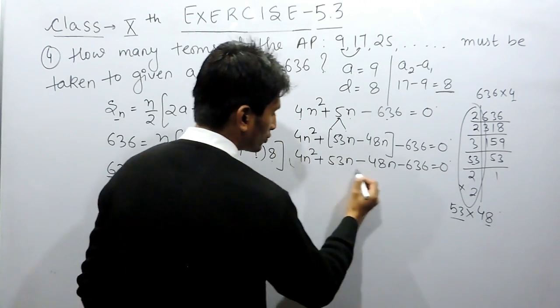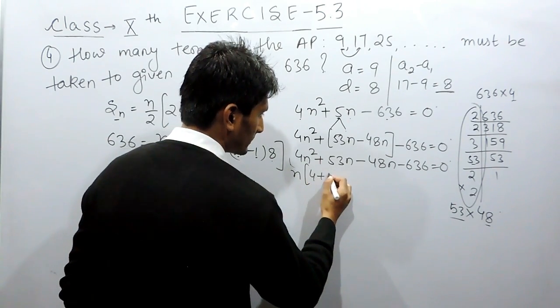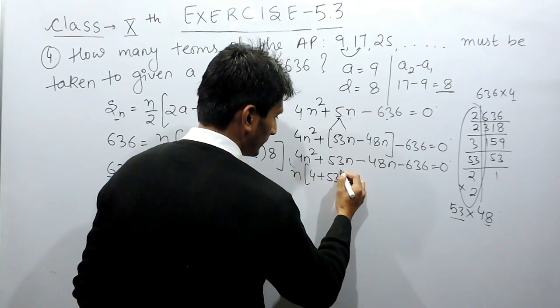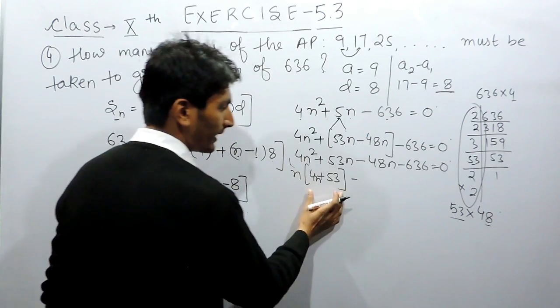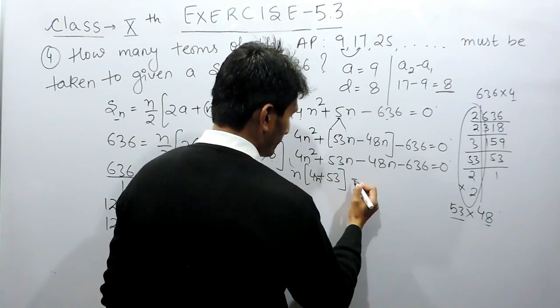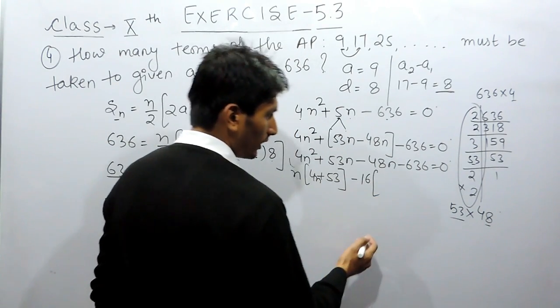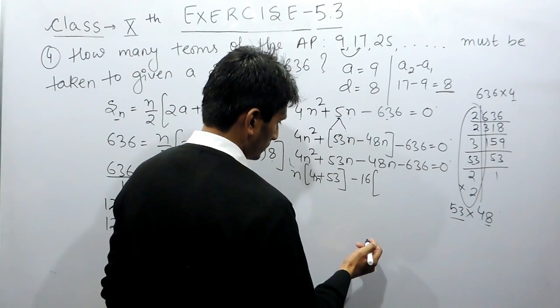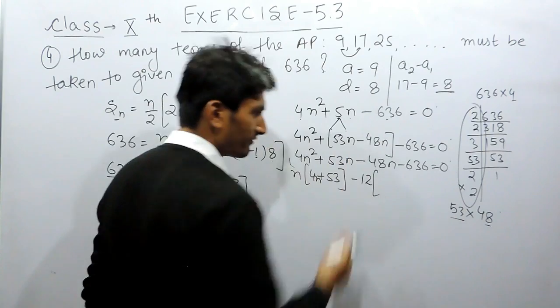Now from the first two terms, if I take n as common, then 4n plus 53 will remain inside the bracket. From the second, sorry, I have to take 12 as a common factor.